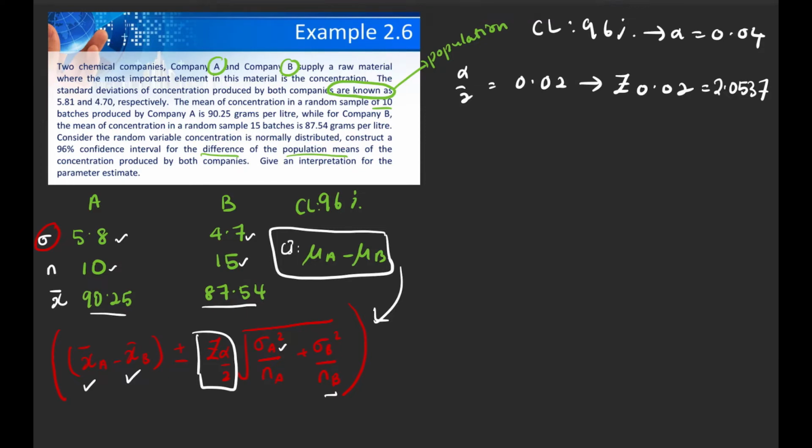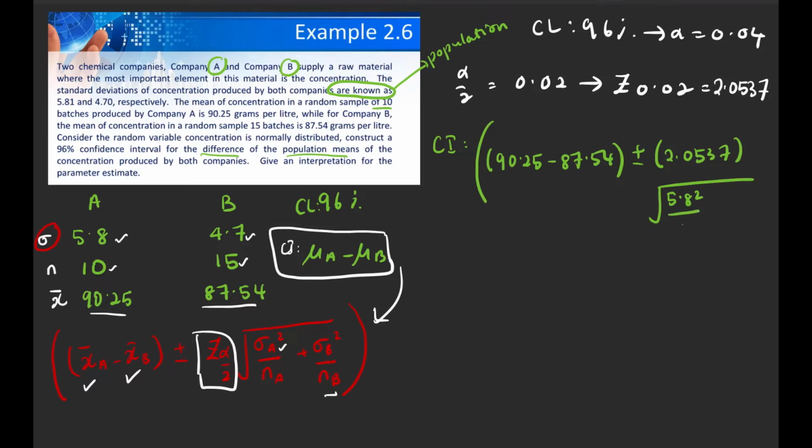Okay. Confidence interval. X bar here is 90.25 minus 87.54 plus minus 2.0537 times square root of 5.8 square over 10 plus 4.7 square over 15.